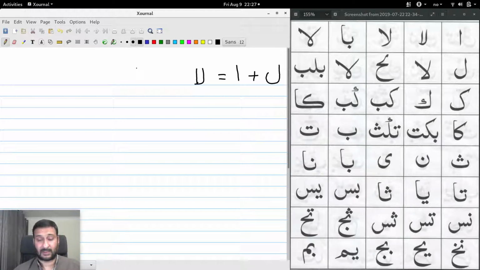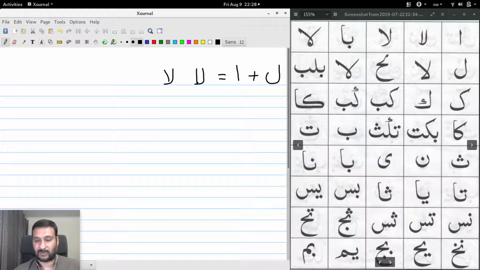That is Lam Alif. It could also look like the one which is shown here, which is a more beautiful form. So this is Lam, and then you do like this. So this is just a beautiful form, Lam Alif.